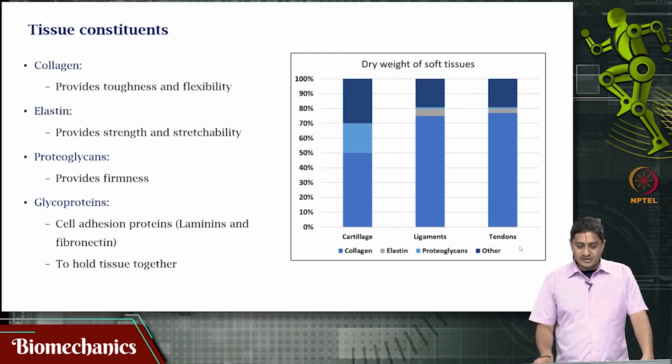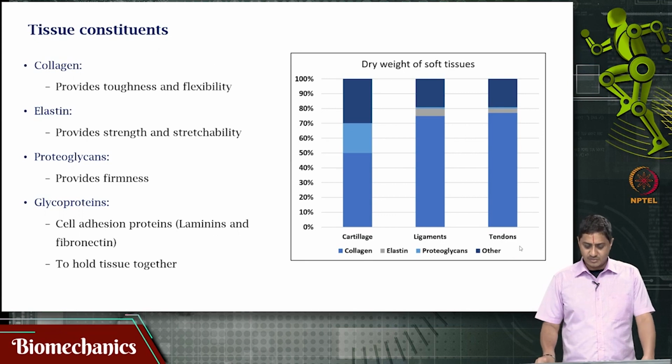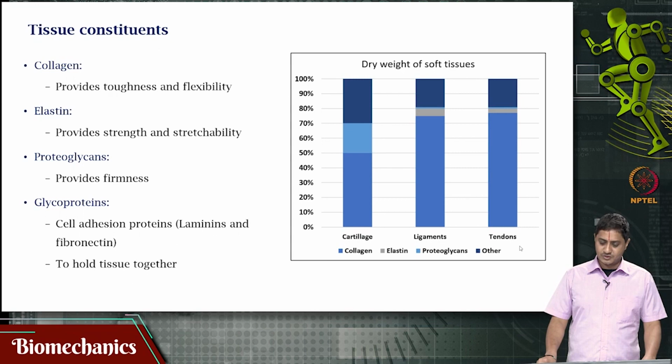So, cartilage for example has about 50% collagen, right, and about 20% proteoglycans.